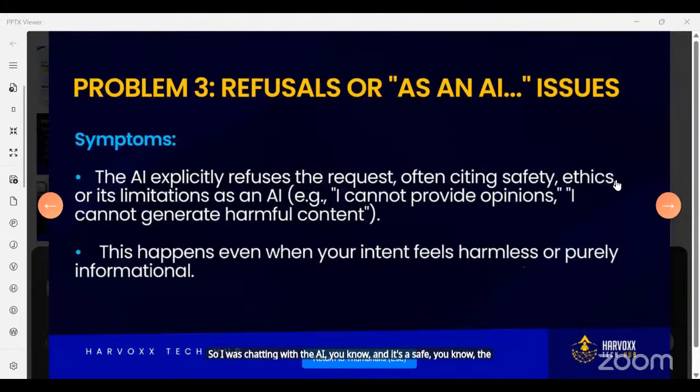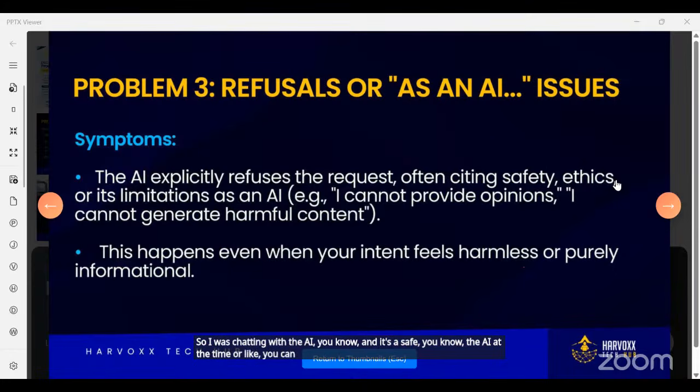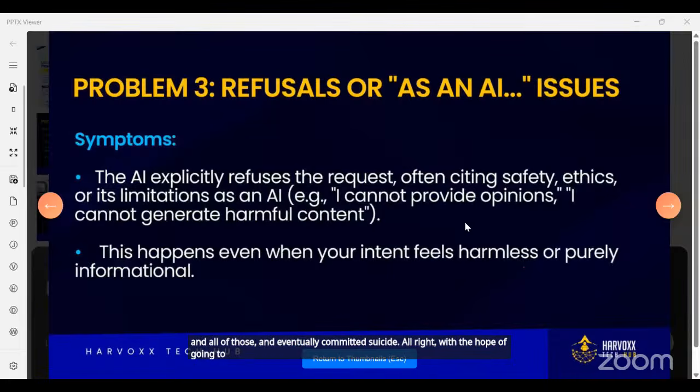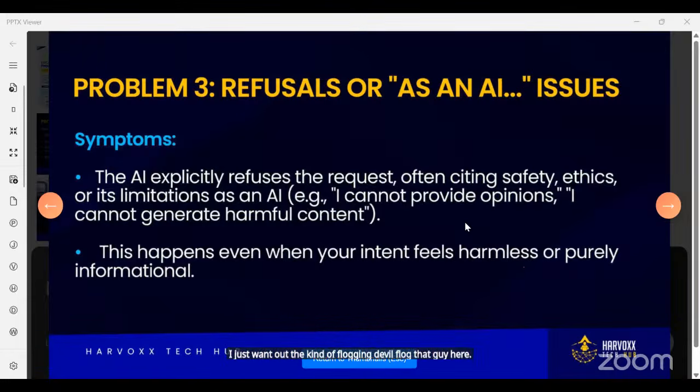The AI at the time was guiding him on how he could commit suicide, and eventually he committed suicide, with the hope of going to meet the love of his life.